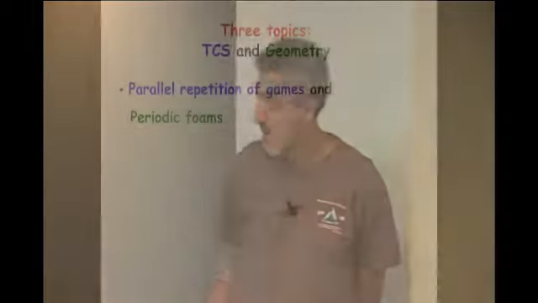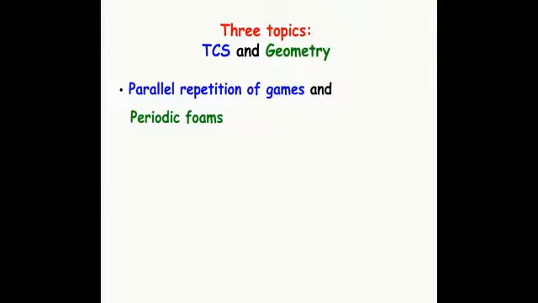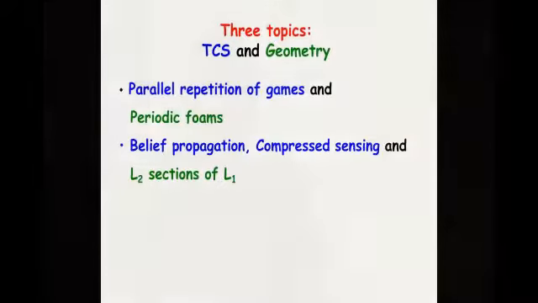In each of them there's a connection between some problem of theoretical computer science, or the kind of discrete stuff we do, and Euclidean geometry. So here's the connection of parallel repetition of games and periodic forms. I'll at least explain what the notions are.